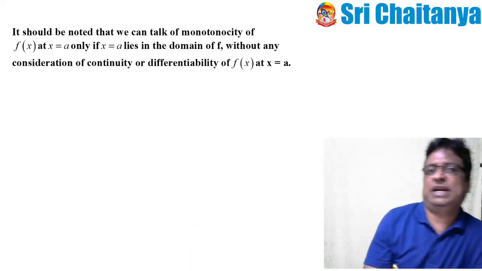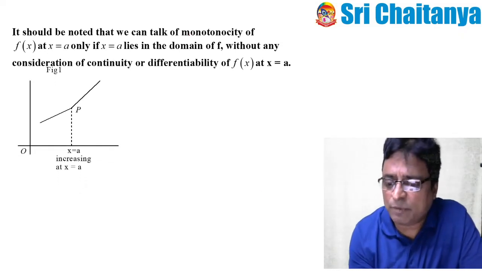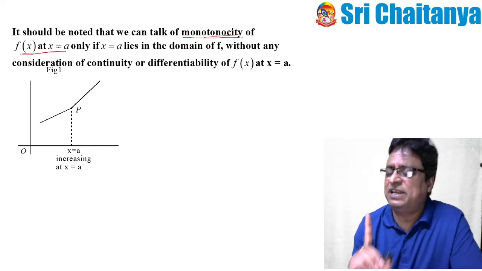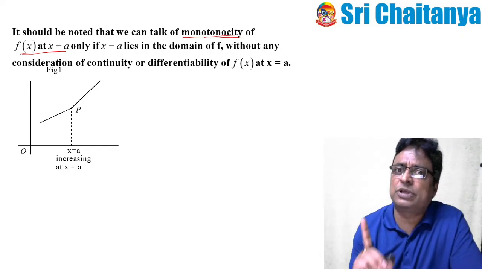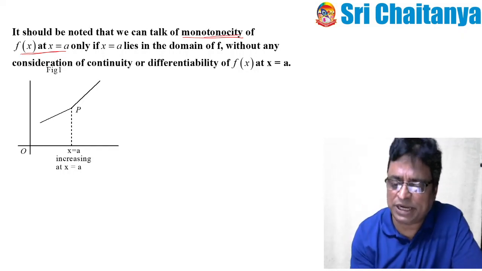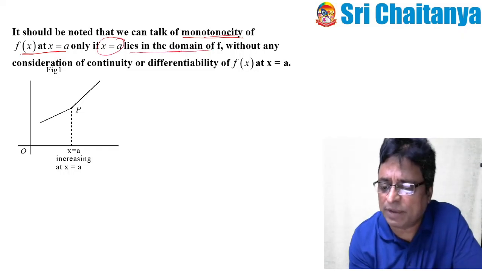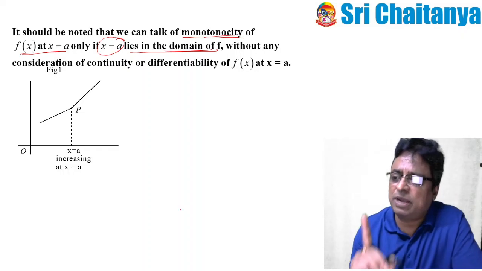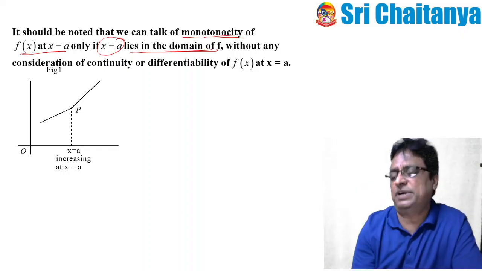Now, my friends, it should be noted that when we talk about the monotonicity of a function at a point, this is very, very important: the point should be a point in the domain of the function. So whenever I am talking about the monotonicity of a function at a point, the point should belong to the domain of the function.